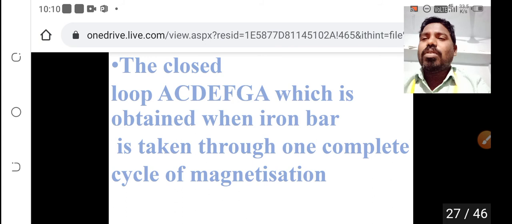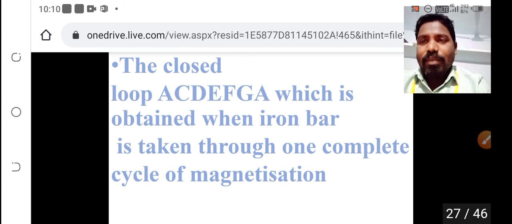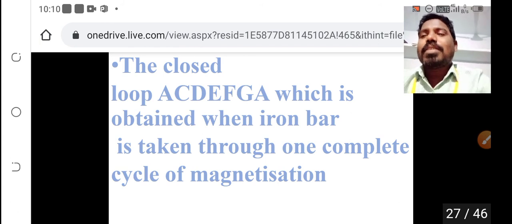The closed loop ACDEFGA, which is obtained when iron ore is taken through one complete cycle of magnetization, is called the hysteresis loop.